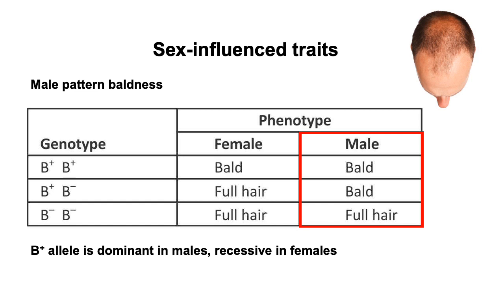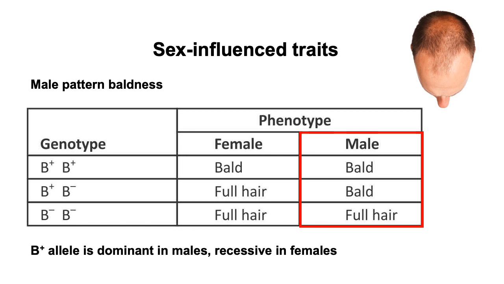These are not sex-linked traits. I'm not talking about sex linkage. These are traits that are autosomal. The genes that influence these traits are not on the sex chromosomes. And one of the most common ones, that's a great example, is male pattern baldness. You can see the top of the head of this male here.